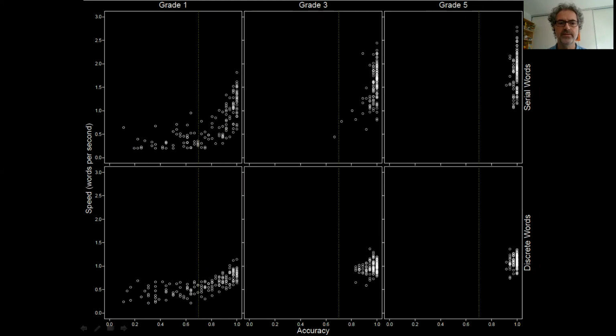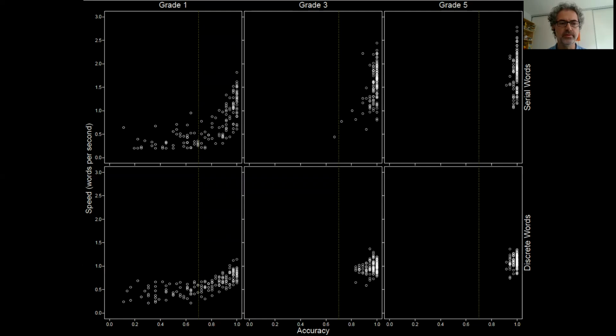Each panel shows a group of children, so each little circle or point here is one child. On the horizontal axis, we see the accuracy in the task, and on the vertical axis, we see the speed converted to words per second, so everything is comparable. So one would be 1 word per second on average.